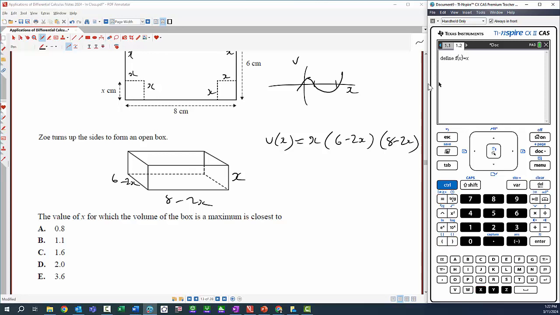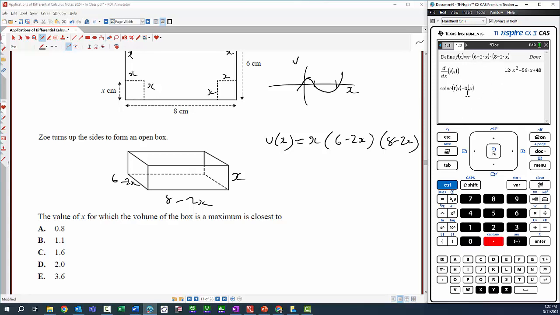Don't have to define it. Diff it. And then we'll run, what do we want to do? Solve f'(x) equals 0 for x. So I won't use zeros, I'll use solve.